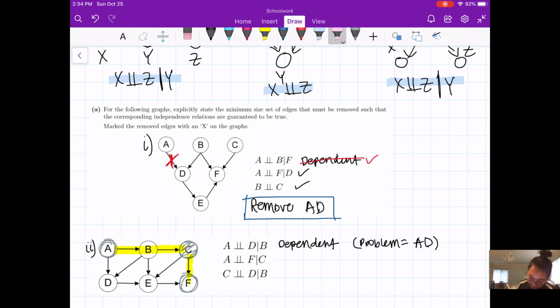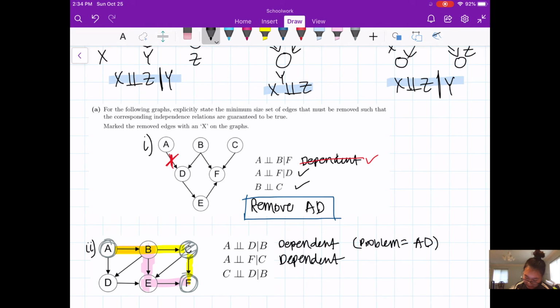But now let's look at another causal chain type of path where it goes AB, BE, and then EF. In this situation, we don't have an intermediate node that is known anymore because we are not passing through C. And that's an issue because that means that they can be dependent.